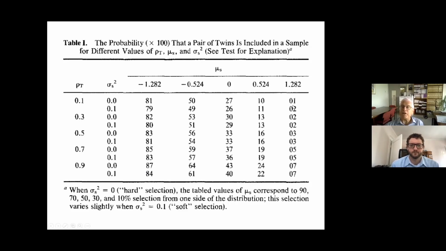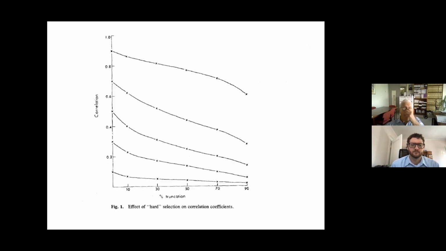It's well less than 10%. And everything else is in between. So that tells you that this is going to have some likely major effect. So if you now calculate the correlations for those samples, where these are the true population values of the correlation without any selection at all, but you then impose these varying degrees of truncation selection.